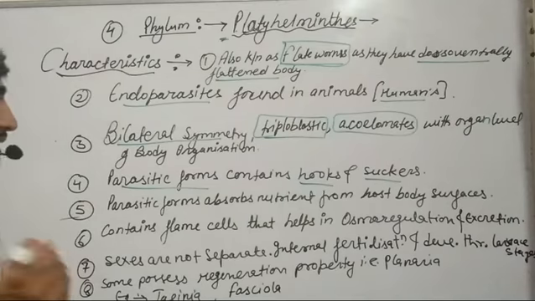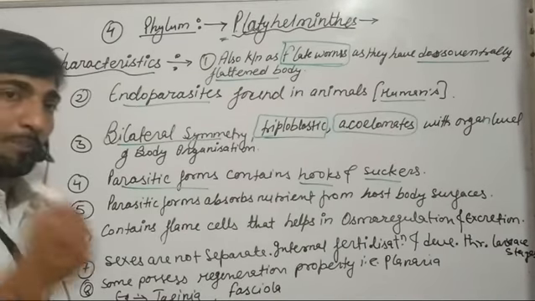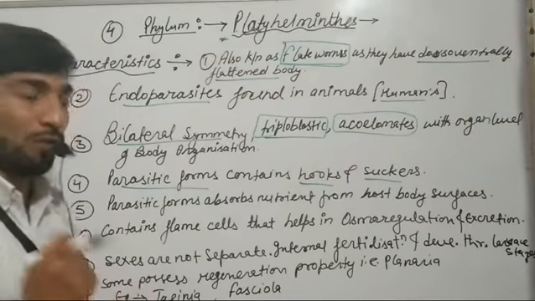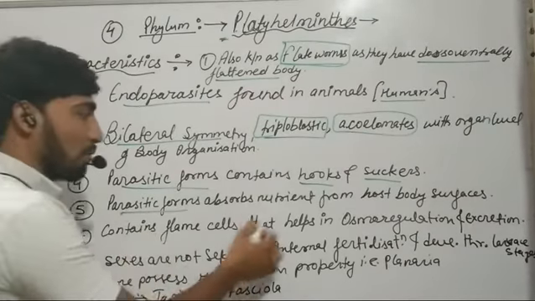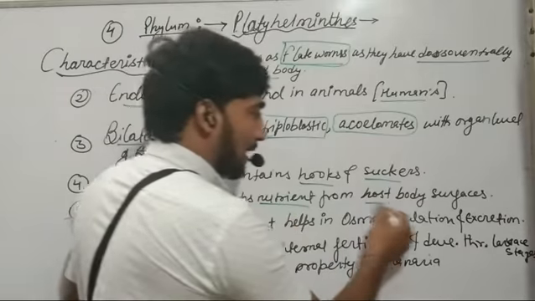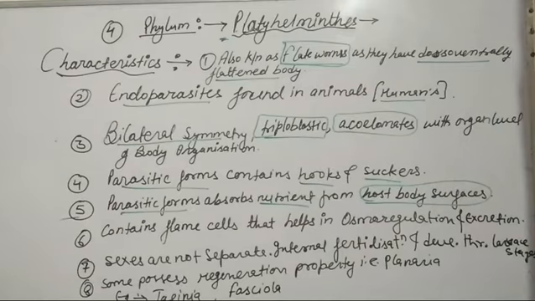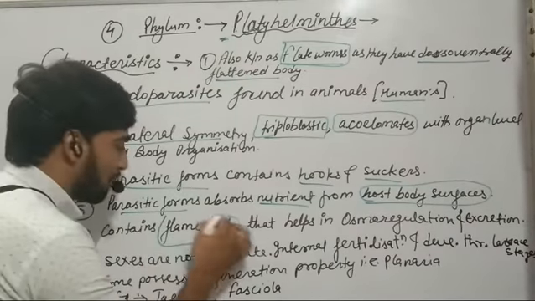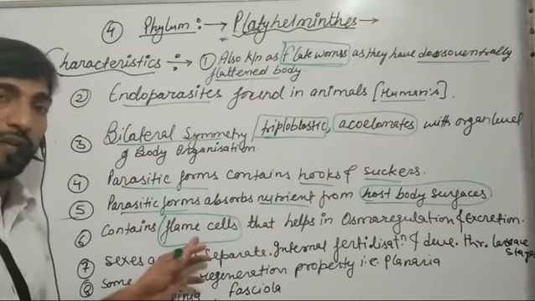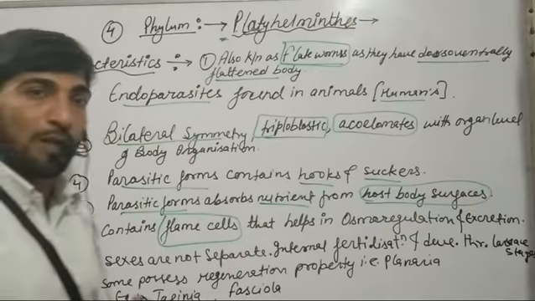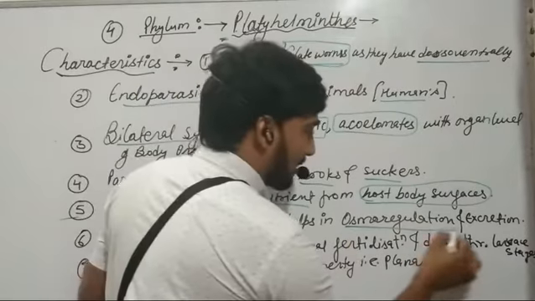Further, the parasitic forms also absorb nutrients directly from the surface of the host body. These organisms belonging to the Platyhelminthes contain a special type of cells known as flame cells, and these flame cells help in osmoregulation and in the excretion process.